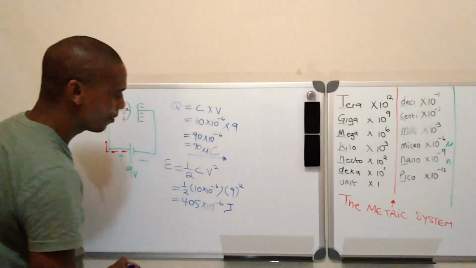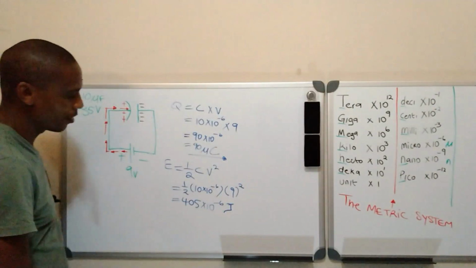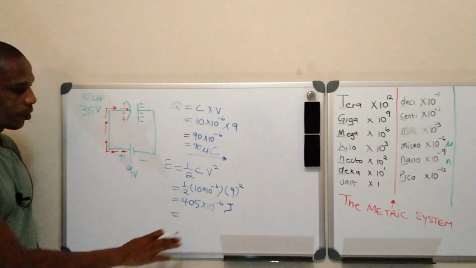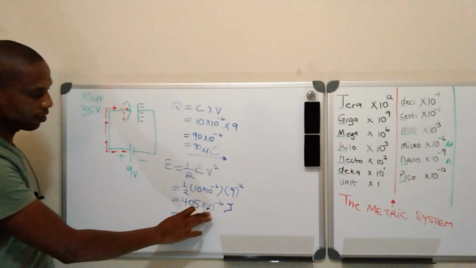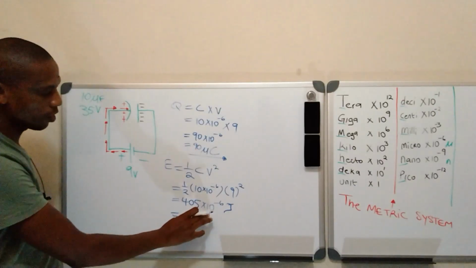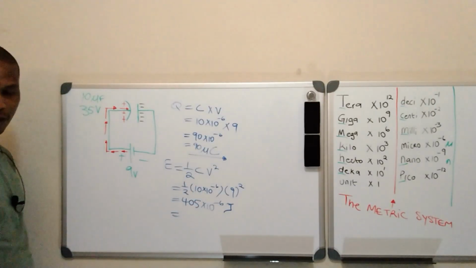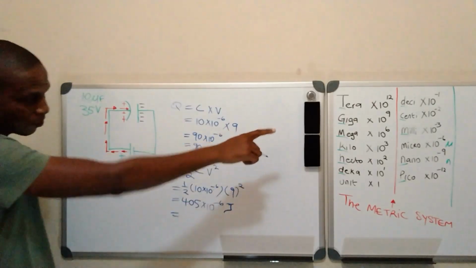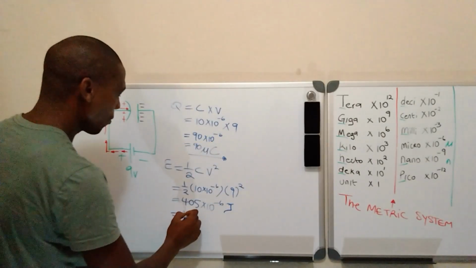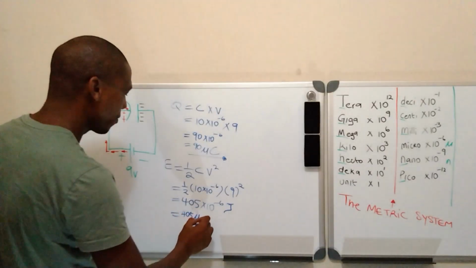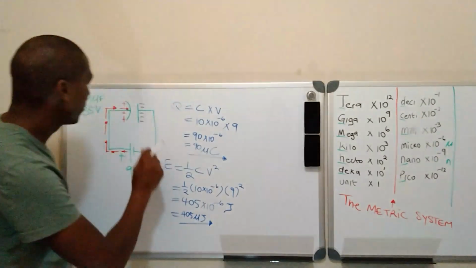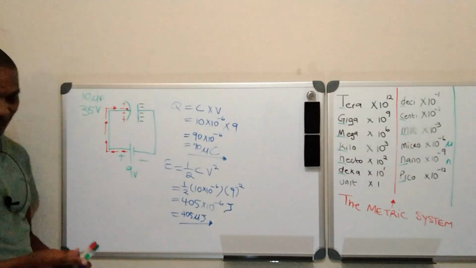Don't worry about this, I'll teach you later. Which prefix do we put here? It is 10 to the exponent -6. Look there by the metric system. Micro. Now we have 405 microjoules. That's the amount of energy that is stored in this capacitor.